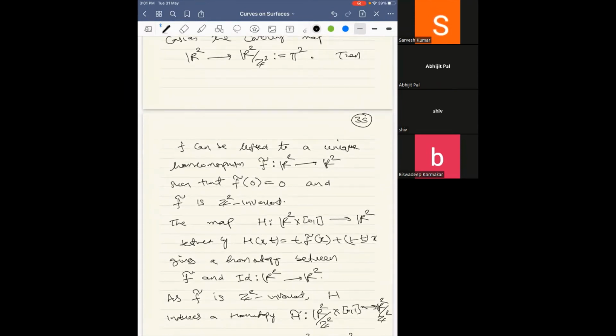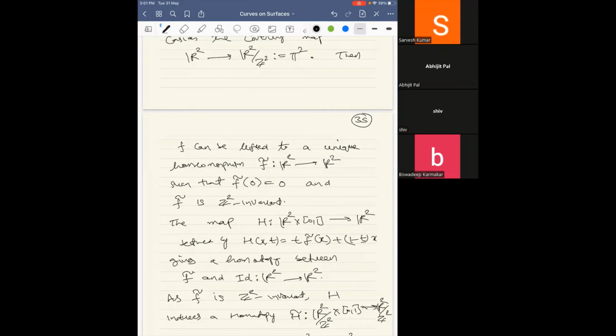How do we define it? This is defined as R2 cross [0,1] to R2 by H of (x, t) as t F tilde x plus (1 minus t) x. So you can see at t equal to 0, it is simply x, and at t equal to 1, it is F tilde x.